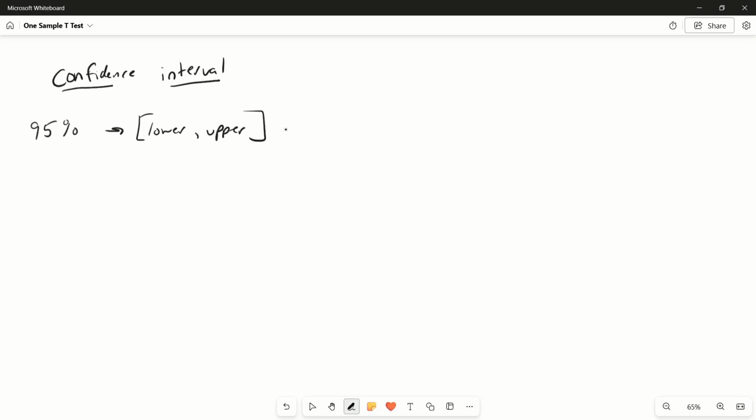And we are certain that there is a 95% chance the true population mean of the sample is in this interval.